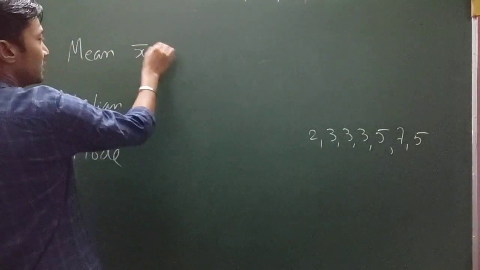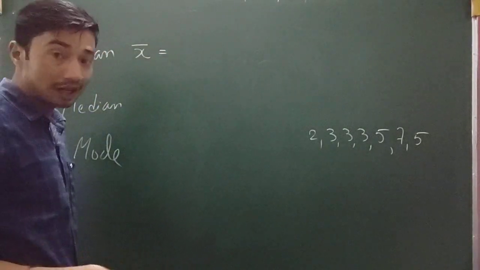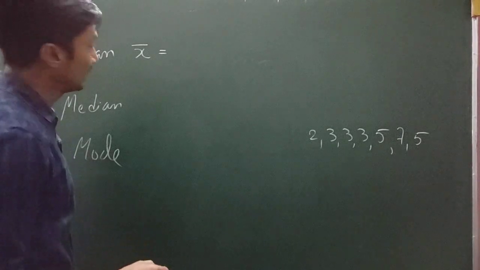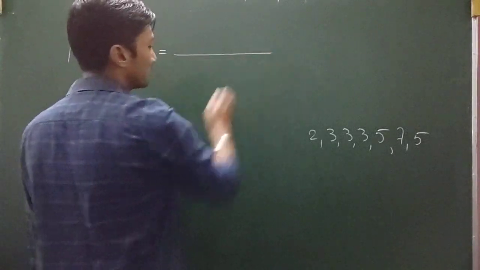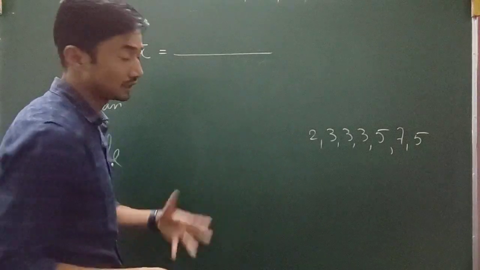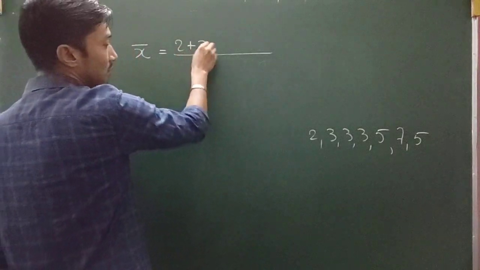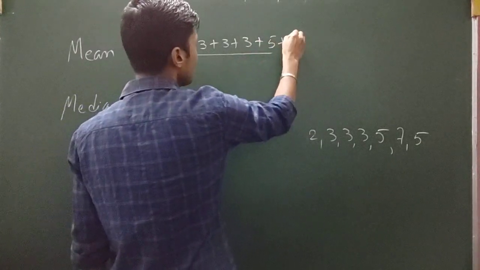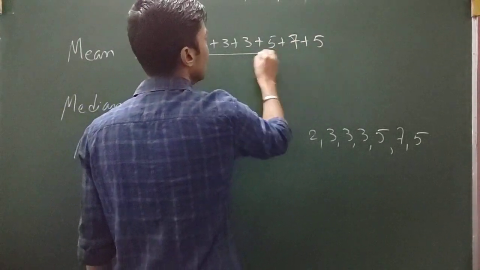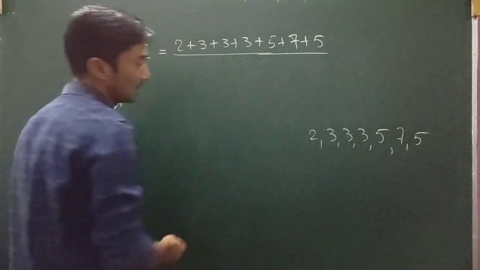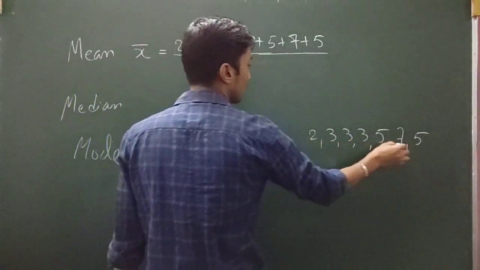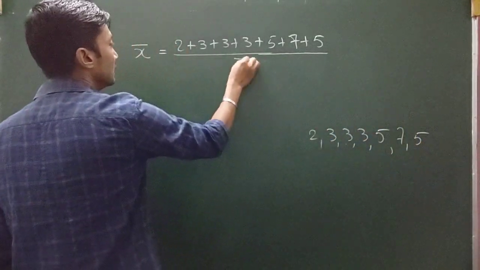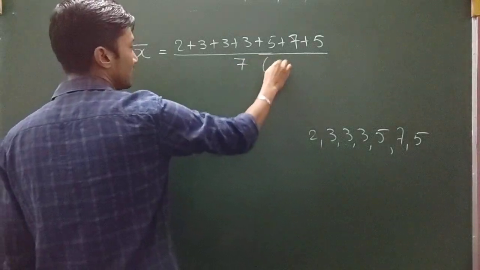For the average, which we generally denote by x bar, we write x bar is the total of all the observations. This is for raw, ungrouped data. We add 2 plus 3 plus 3 plus 3 plus 5 plus 7 plus 5 divided by the number of observations, which is 7, also denoted by small n.